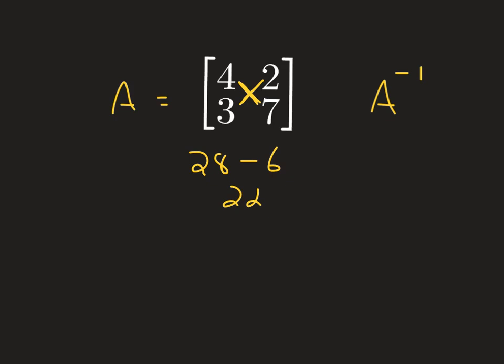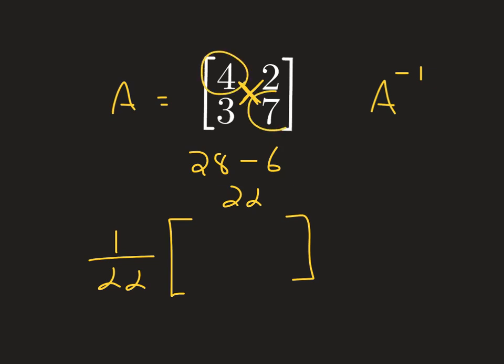Now, once you get the number from the subtraction, you're going to flip that number, take the reciprocal of it, make it 1 over 22. All right, that goes outside your matrix. Inside your matrix, you're going to take the first number and the 4th number and just switch places. And then you're going to take the 2nd number and the 3rd number and change the signs on those. And once you do that, you're pretty much there. That's the inverse right there. Now what I want you to go ahead and do is distribute the 22.